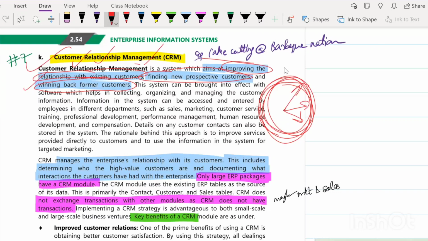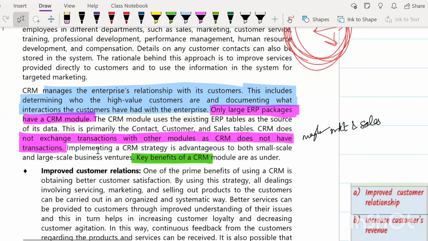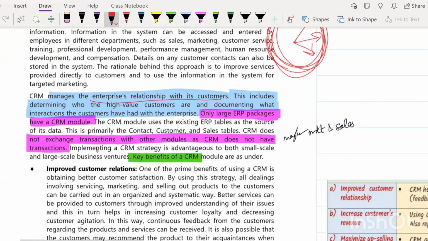So customer relationship management helps you in three things: improving the relationship with existing customers, finding new customers, and winning back former customers. Here it manages the enterprise's relationship with the customer. The relationship between the organization and the customer, it helps to manage.